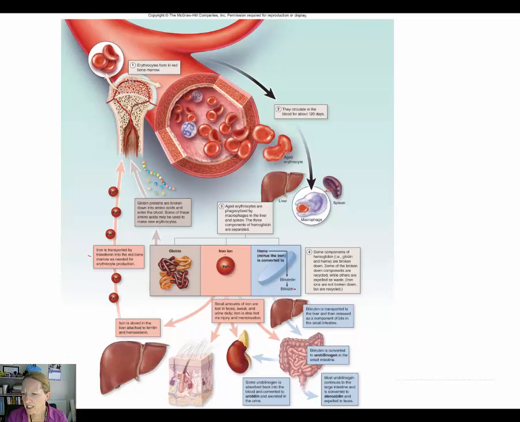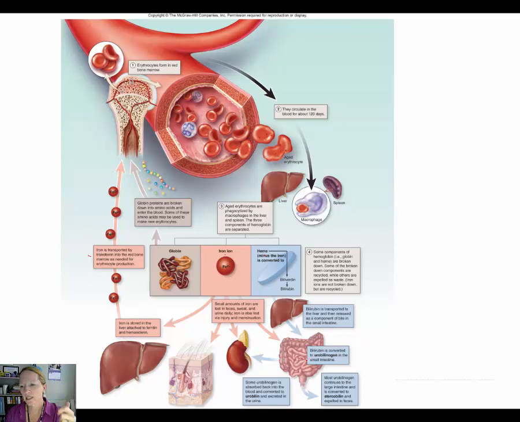There are a few things that can happen with bilirubin. It can be transported to the liver, and we can use it to make bile, which is great. Or, once it's in bile, it will eventually go into our digestive tract, because that's where bile eventually goes, and we can recycle it.